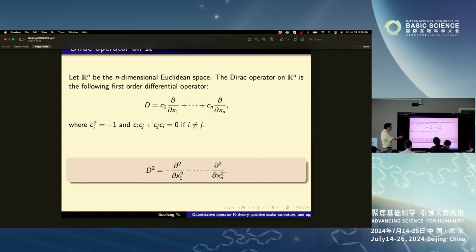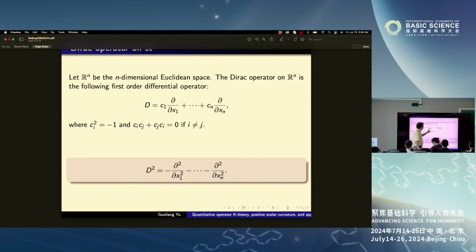Here is the Dirac operator, which has appeared in quite a few talks. Dirac was interested in manufacturing an operator whose square is the Laplacian. In his book, he built this operator up to dimension 4.